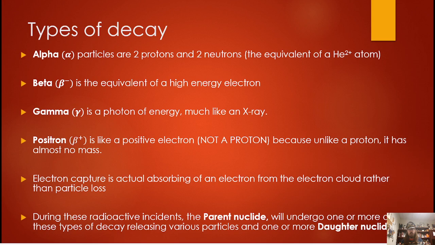But during these radioactive types of reactions, there is going to be a parent nuclide, and this is going to undergo one or more of these types of decays, releasing various particles and producing a bunch of daughters. The parent will produce these daughters, and the daughters can then produce more daughters until we get to a stable atom.